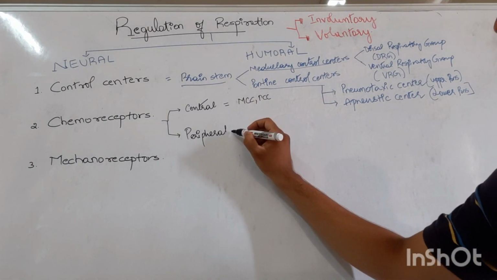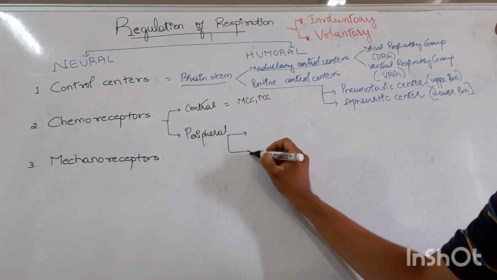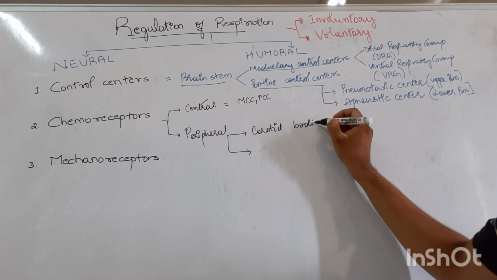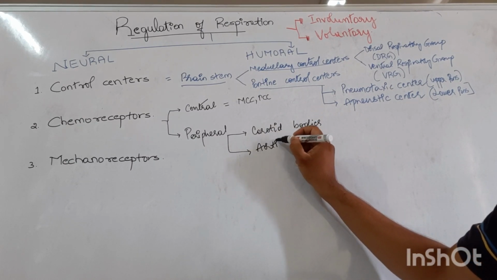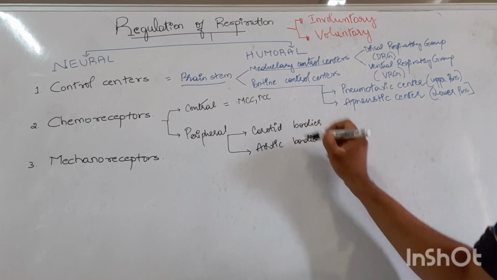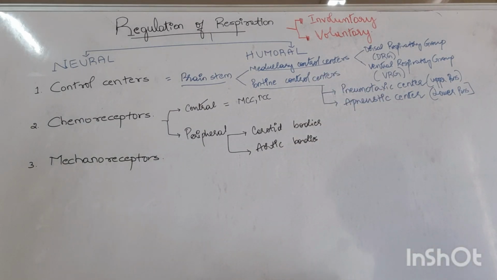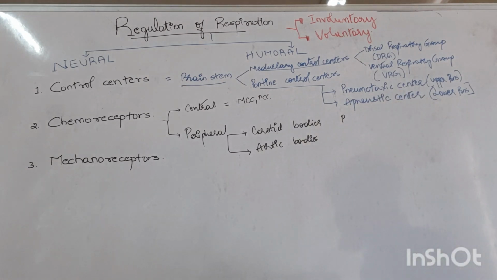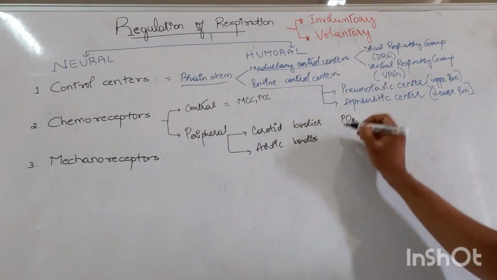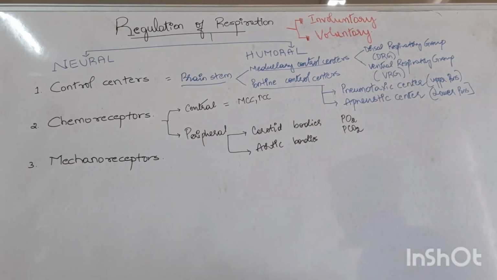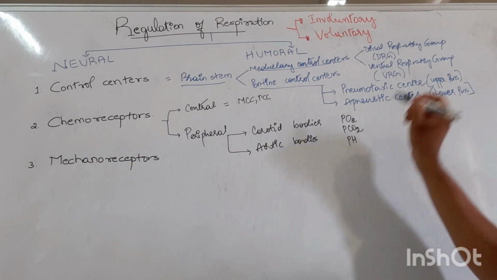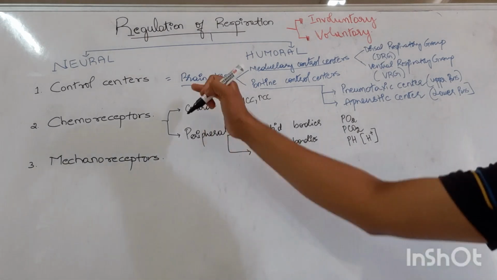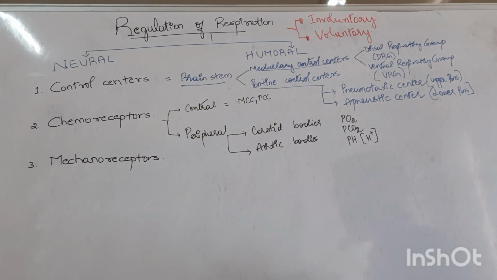Whereas the peripheral chemoreceptors are present in carotid bodies and aortic bodies. These chemoreceptors are important in detecting the changes in the partial pressure of oxygen, the partial pressure of carbon dioxide, and also the pH or hydrogen ion concentrations. These two play different roles, we will see it in detail later on.